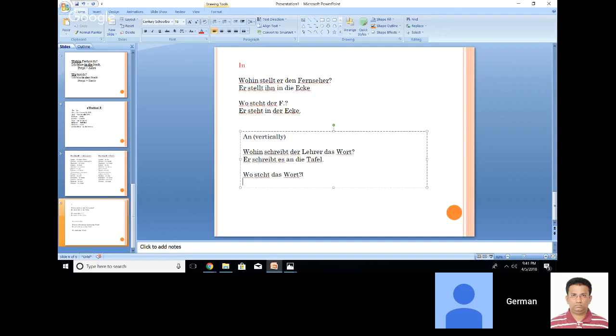So the answer would be: Es steht an der Tafel. In the first sentence, the teacher is writing the word.